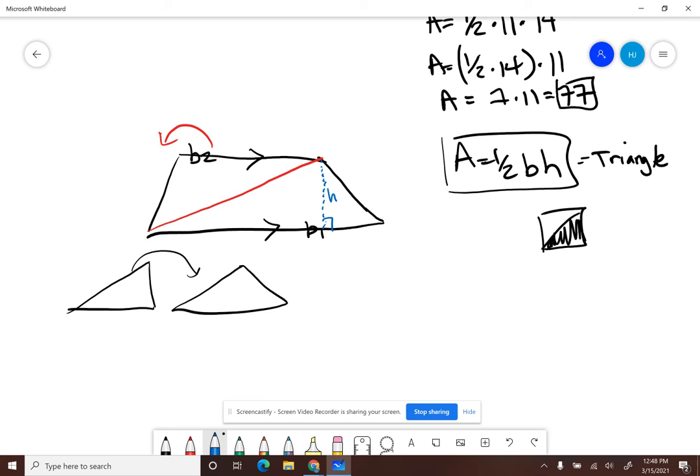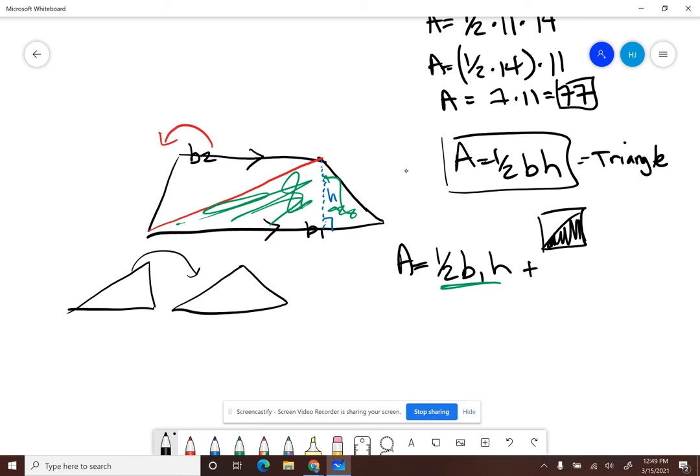So let's break this down into something that we can formulate into a formula that we could use. Think about this for just a second. I'm using this basis for a triangle and the fact that I'm given two triangles when I'm really looking at a trapezoid. So think about what our area is of a trapezoid. I really have 1/2 of base 1 times the height, which would give me the area of this guy, okay?